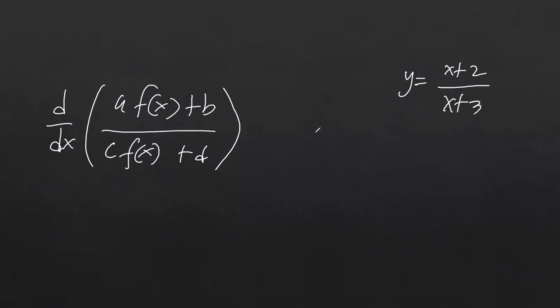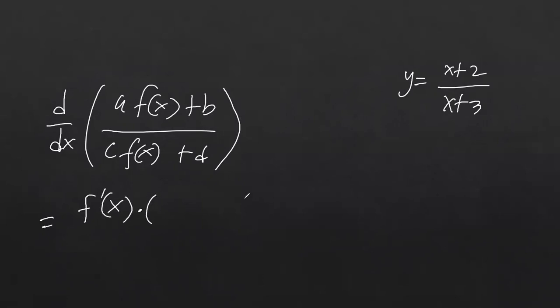So in this case, as you can see, your function is x, this portion. Your a is 1, your b is 2, your c is 1, and your d is 3. The formula there is only f prime.